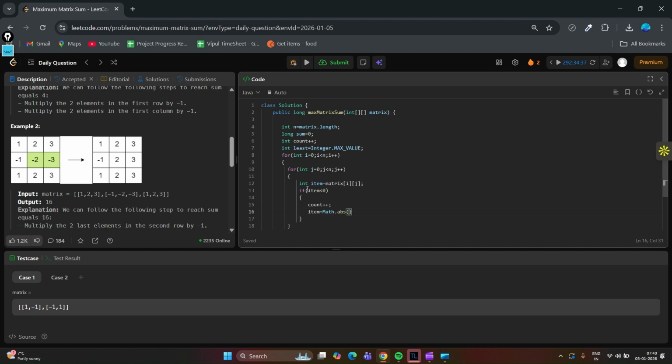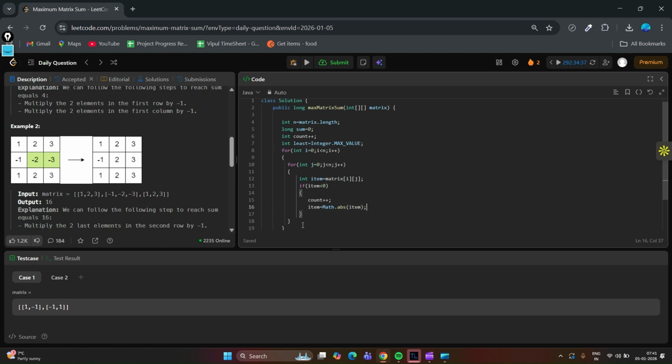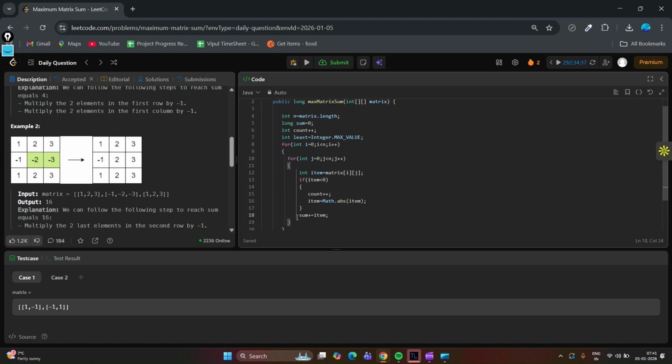If you give it this item, no matter whether it is negative or positive, it always gives you positive. So item becomes positive. Now in each iteration, we add item to our sum.